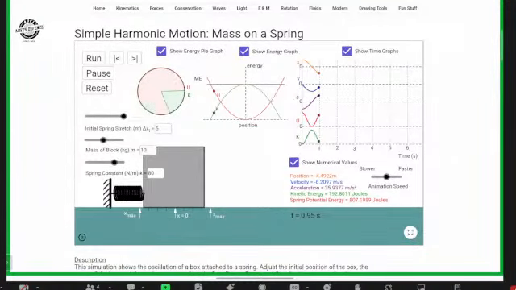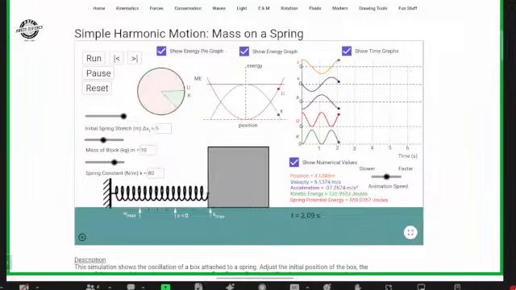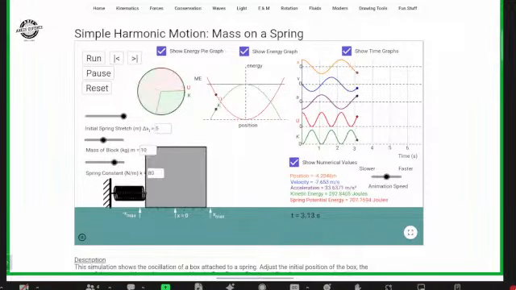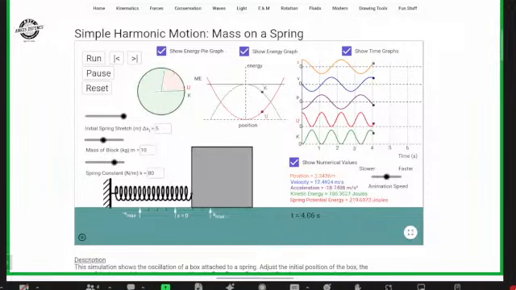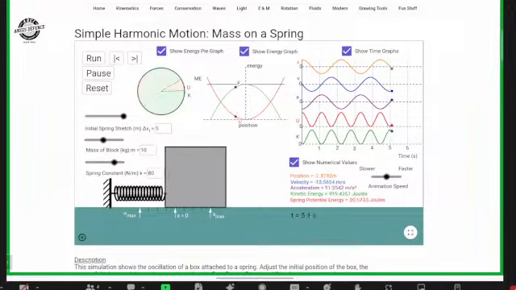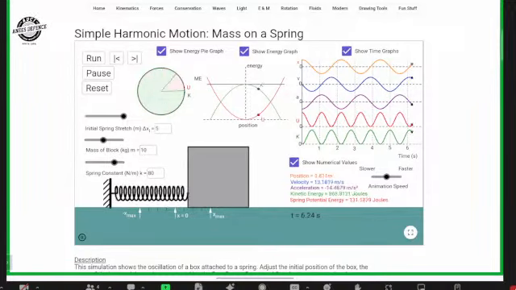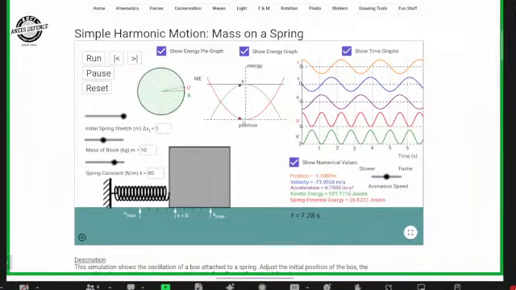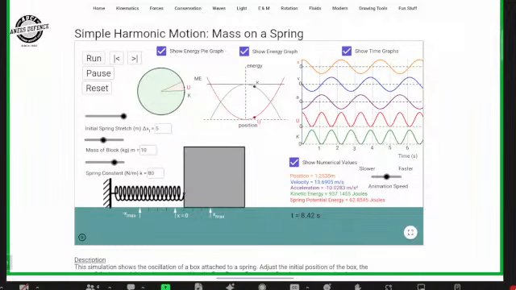See, can you see this? The particle is momentarily stopped when it is at the extremities, right?